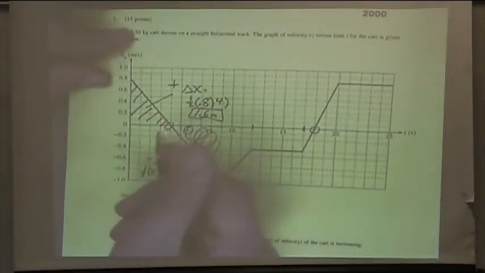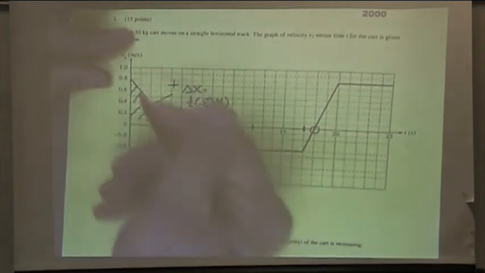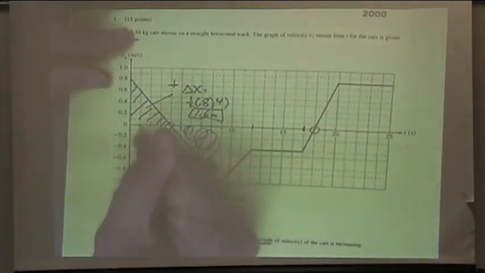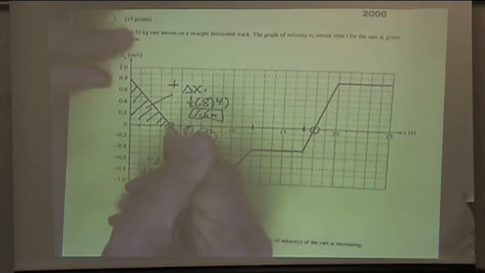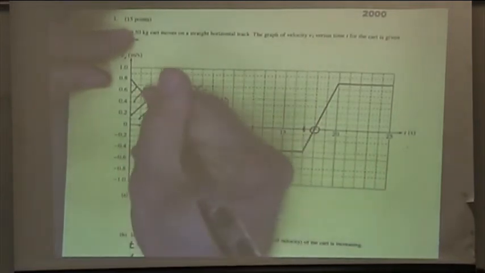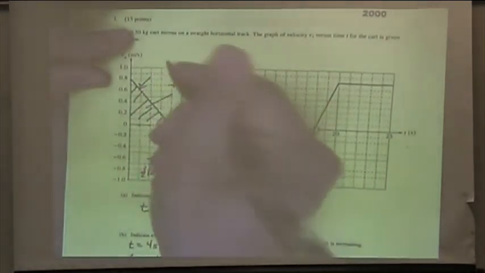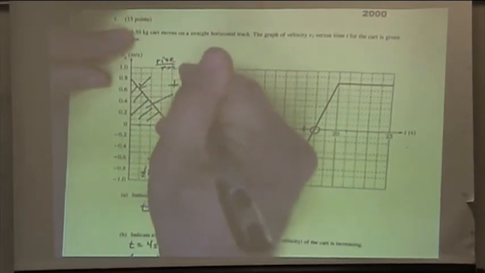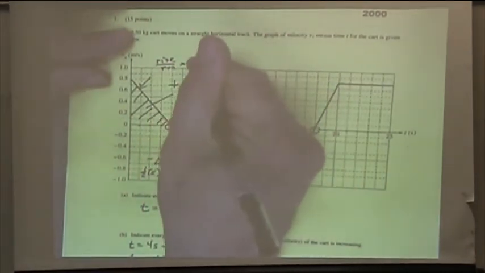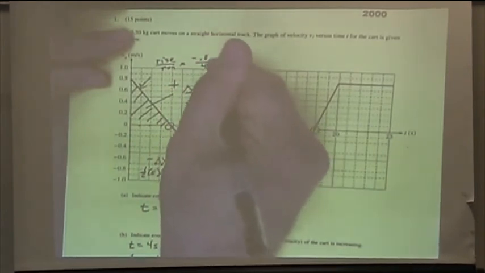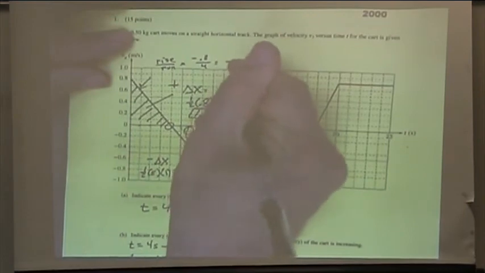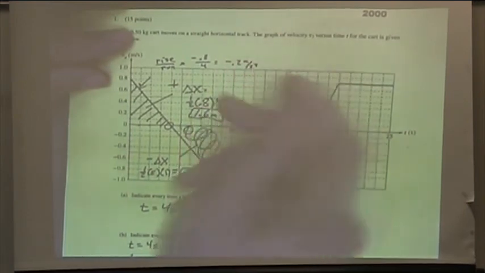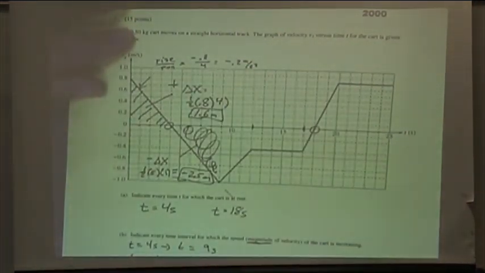An easy place to look at the rise over run would be 0.8 over 1, 2, 3, 4 seconds. So if I come up here and say rise over run, my rise is actually negative 0.8 over 4, which equals negative 0.2 meters per second squared, if you do the standard units of acceleration.